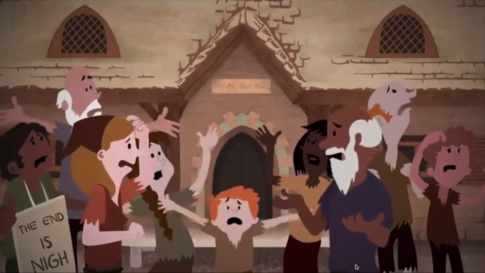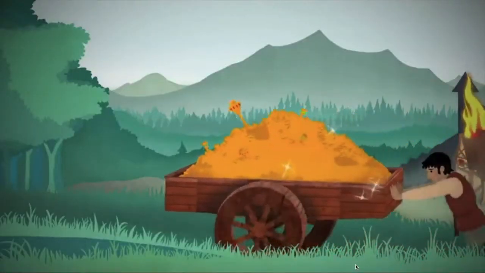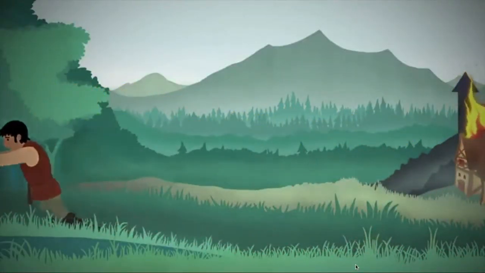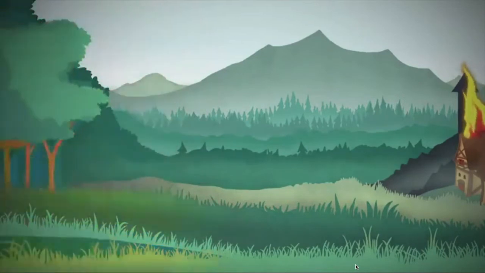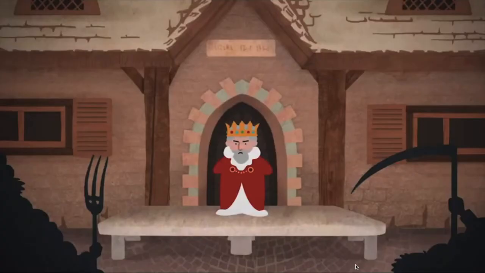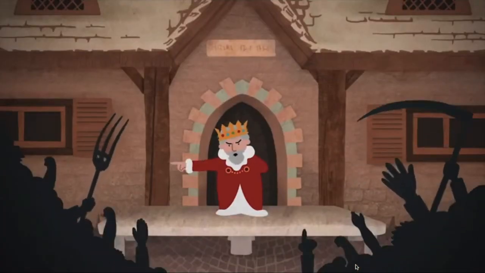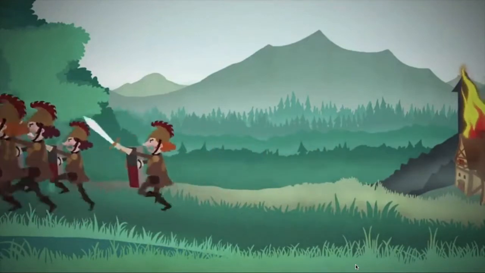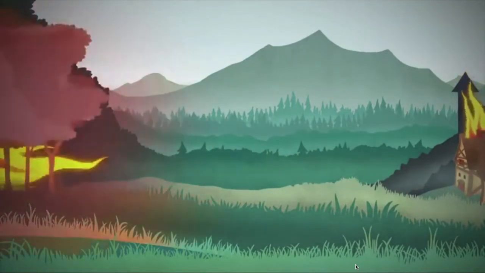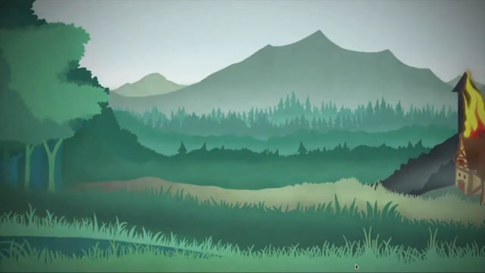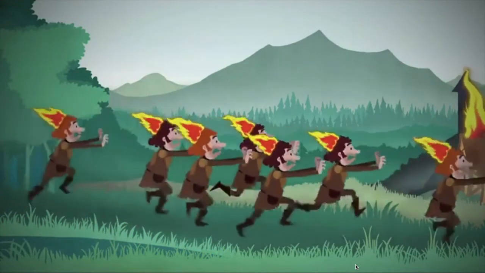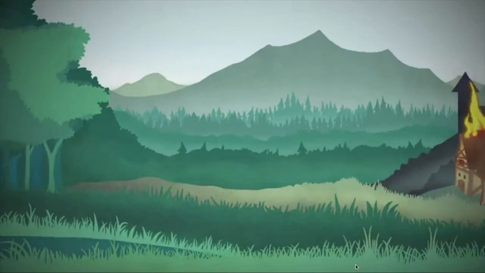So then they gave the dragon all their gold and jewels. The dragon took all their money, but still was not satisfied. The king sent his army to try and capture the dragon. But the dragon was too strong, and the knights of the army were too scared, and they ran away.